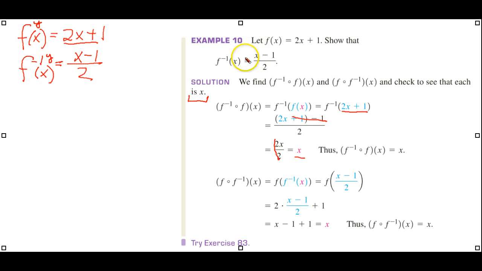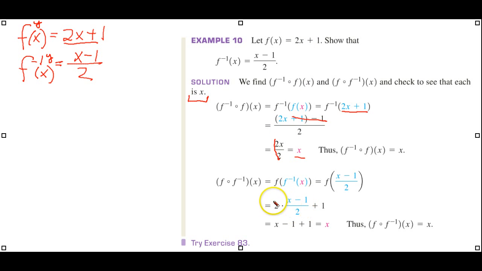Now we're going to reverse it as we do in a composite, switch our letters around, and say the function circle f inverse of x is this. And again, our x here for inverse is this over here, up there, and there it is. Now we're going to put this in this formula. Where that x is, that's where we're going to put this.